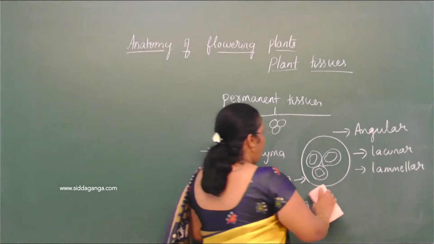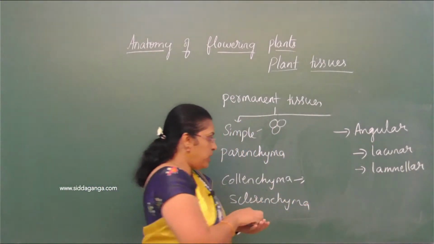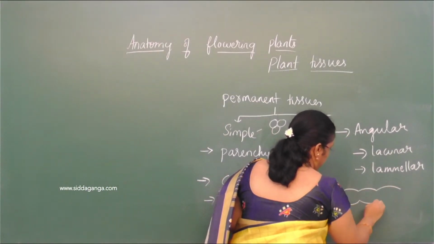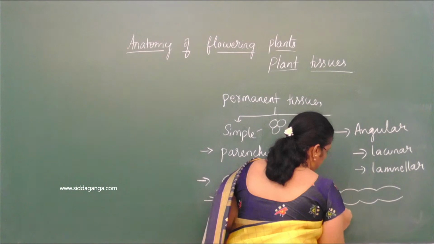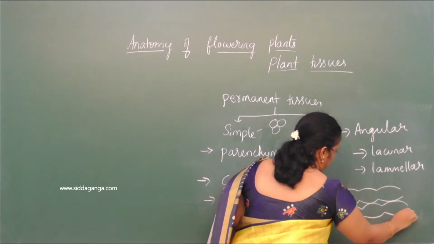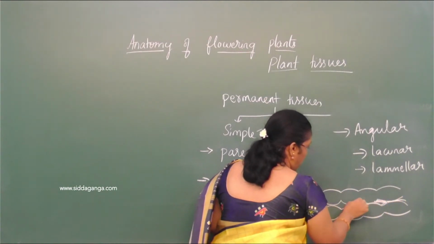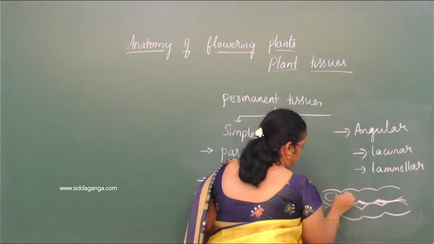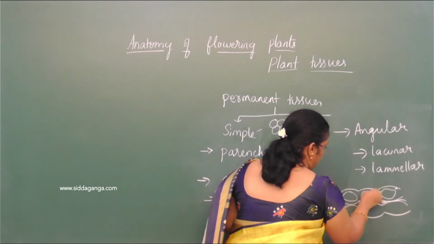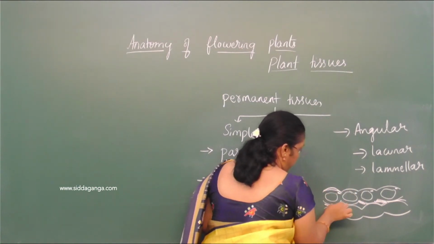Then in lamellar collenchyma, the cells are arranged in layers like this. So thickening of the wall is seen in the tangential wall. These are cells, so we see thickening on their wall.